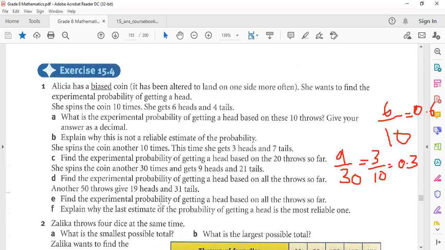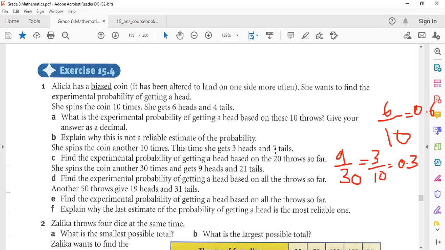He says to find the probability of throwing a head based on the 20 throws so far. And she spins the coin another 30 times. For 20 times she already did, so on the 20 throws so far she spins the coin another 30 times, so the total is 50 times.